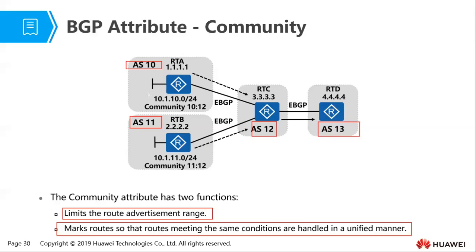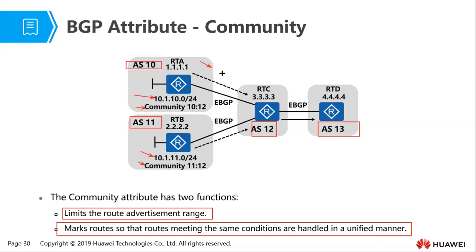In AS10, we have a network 10.1.10.0/24, and we also have a network in AS11, 10.1.11.0/24. To uniquely identify this network, we can use the community attribute value 10:12, and to uniquely identify this network, we can use 11:12.